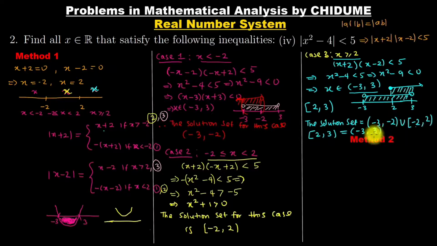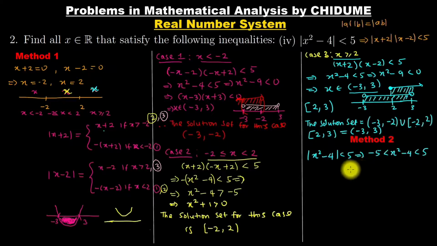Another way to do this is to rewrite the absolute value of x squared minus 4 less than 5 as negative 5 less than x squared minus 4, which is less than 5.